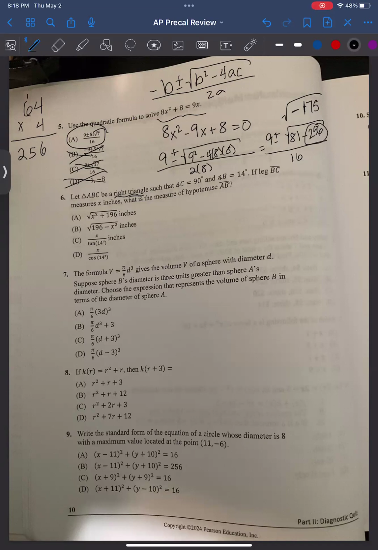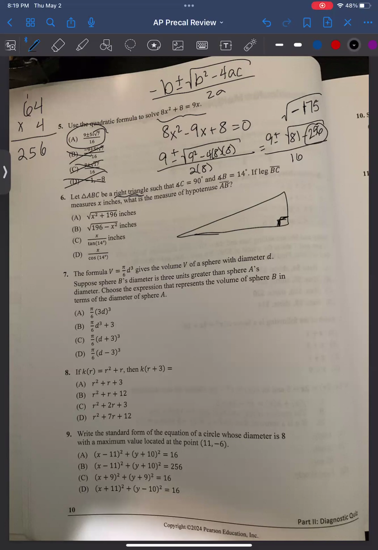Wait, how do you know which one is B? Like, you know how it's like, let ABC be a right triangle, and then C is 90, so that's the right angle, but can either of them be B? So there's my C, my 90 degree.